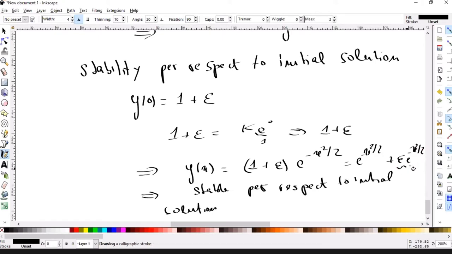So this is the error on the function y of x when x increases, and you see that it's bounded by epsilon.